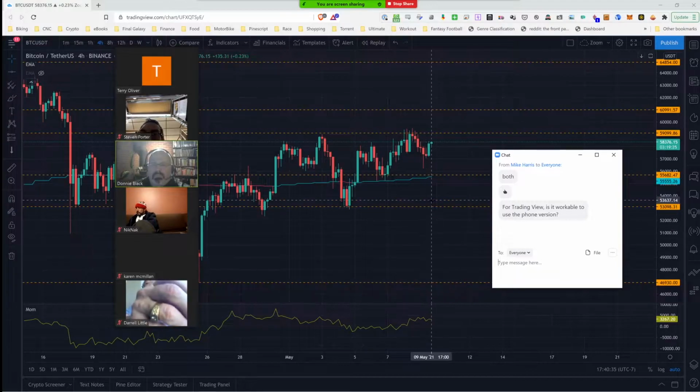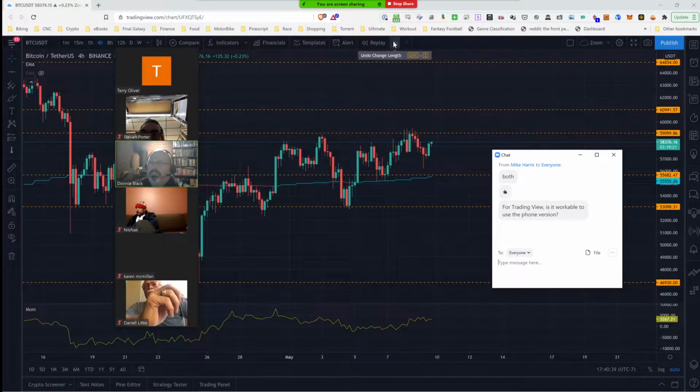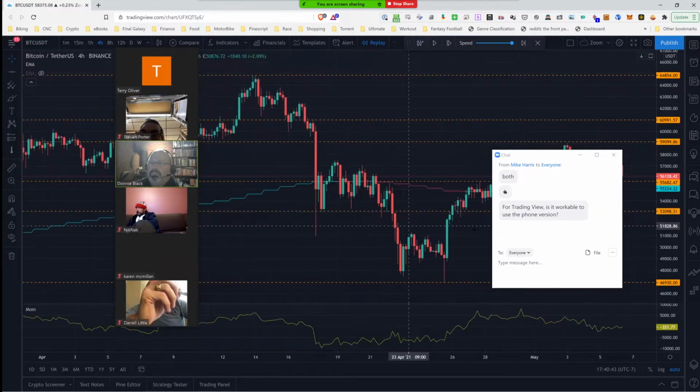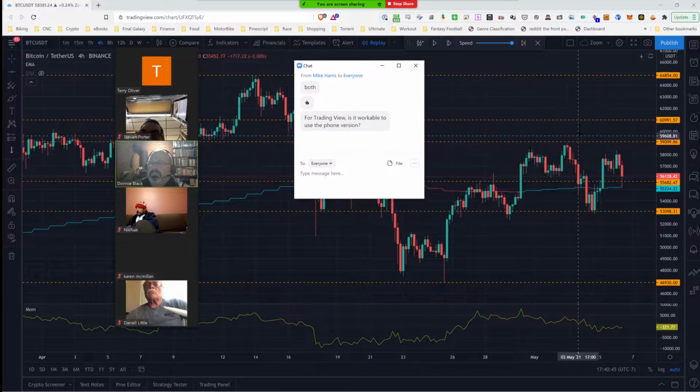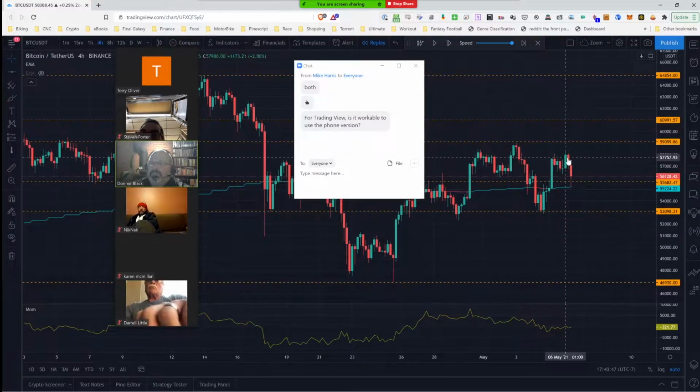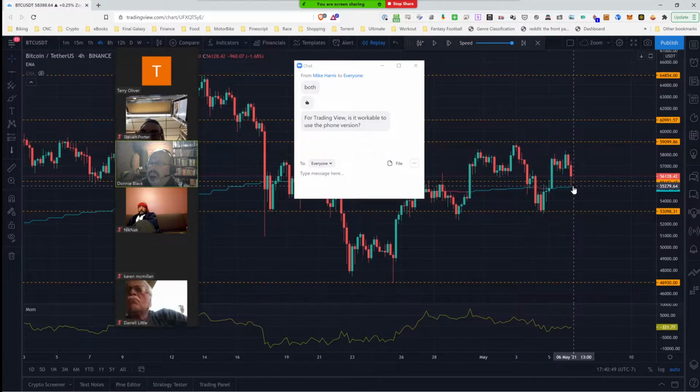So say I'm looking for a swing trade. Let me see if I can go back in time here. All right, let's go back to this section. We have our 50-day EMA and we have support right here.